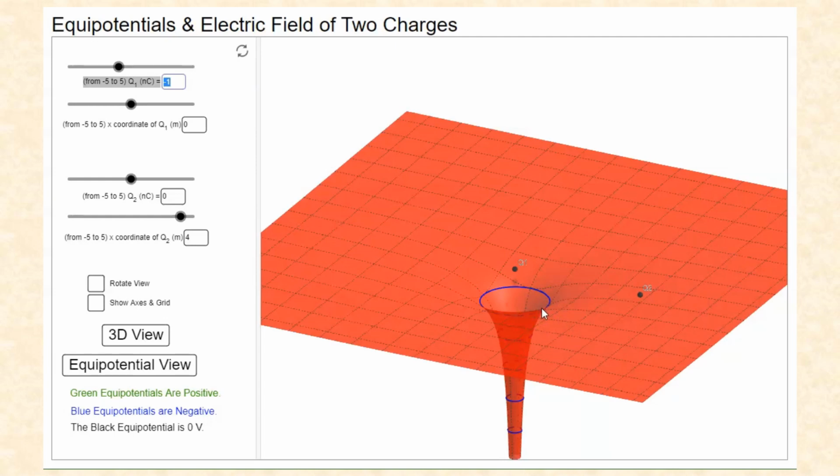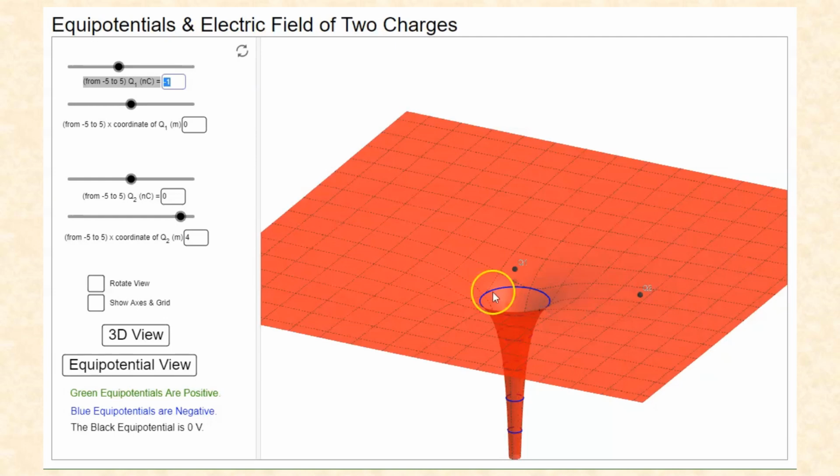So the analogy is a hill for a positive charge and a hole for a negative charge when we're thinking about electric potential. We've seen how the sign of the charge affects the electric potential, changing it from positive to negative, that is, the hill versus the hole.